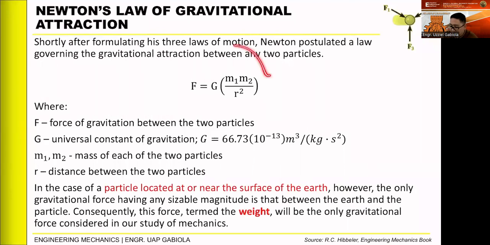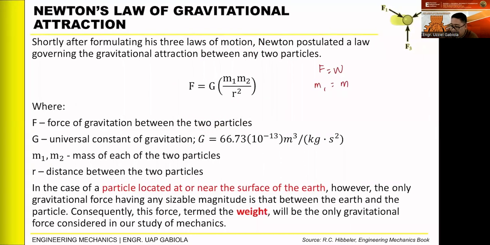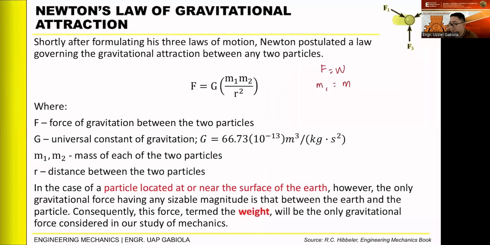In our formula F = G M1 M2, we can develop it by substituting the value of weight for F. Since weight is a force, F is our weight, M1 is the mass of any particle, and we assume M2 is the mass of the Earth.